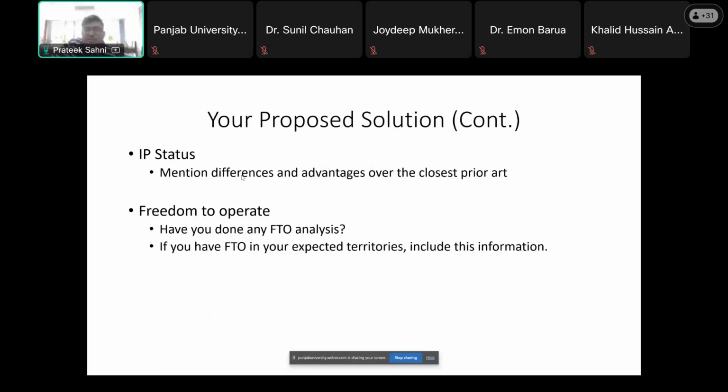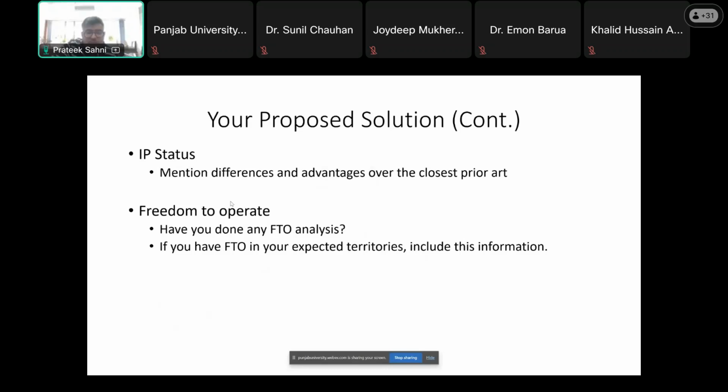If you have freedom to operate, then that means you are not being blocked by other patents. So if you've had any FTO analysis done in your expected territories, then that is very good information to have if you have free FTO. If not, then you may want to skip this particular section.